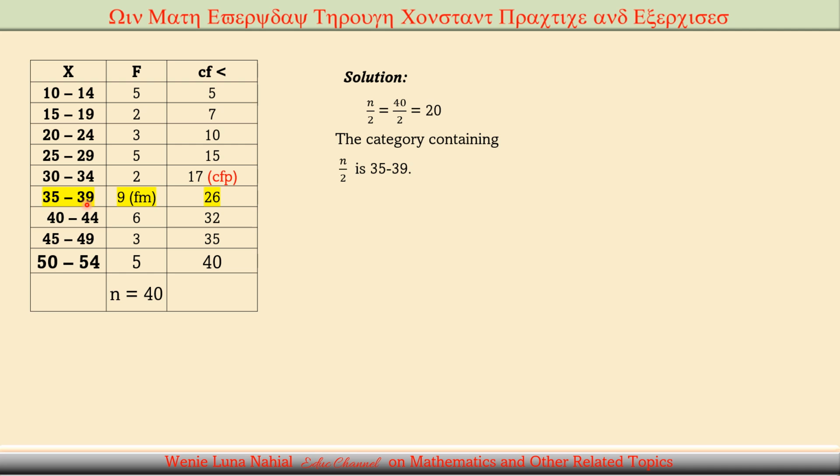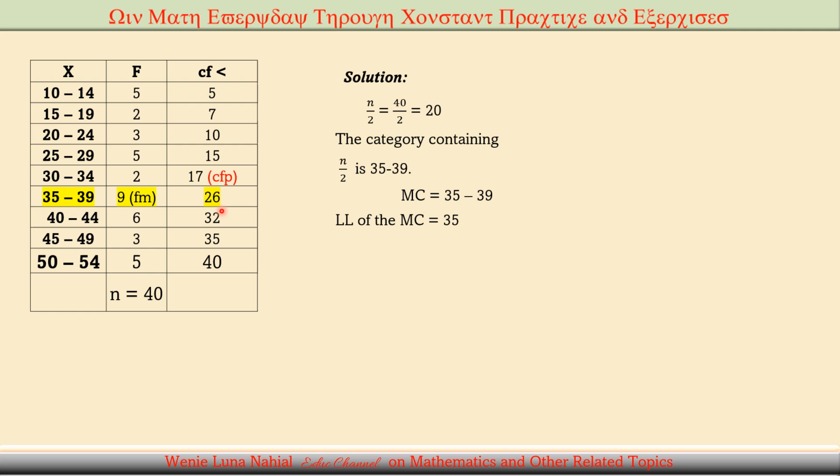That is the category containing n over 2, because the cumulative frequency before the median class is 26. So 20 is less than 26. So the median class is 35 to 39.